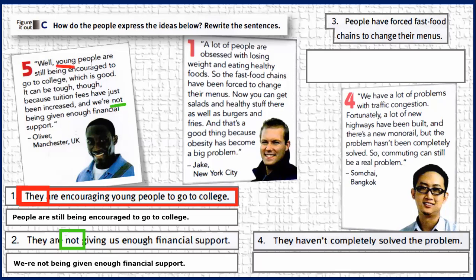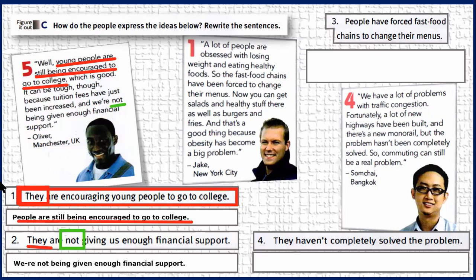Young people are still being encouraged to go to college. The same words, okay? Now, next, we don't have the word they. Yes, they are not giving us enough financial support. They, who? We don't know.